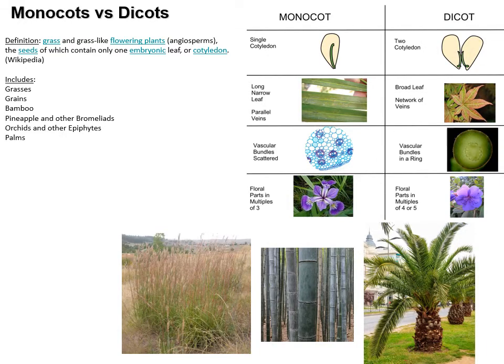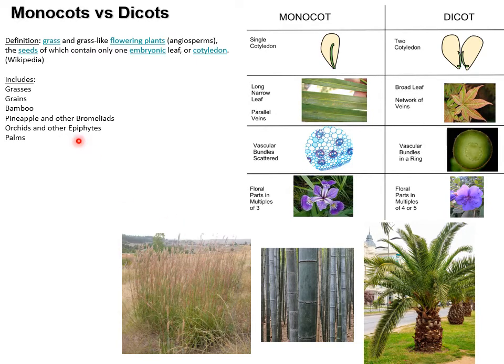There are several very common types of plants that are monocots in the world today. The most common that everyone's familiar with are grasses. And these are similar to grains, which are also monocots in that they're long and narrow and they grow in clumps.